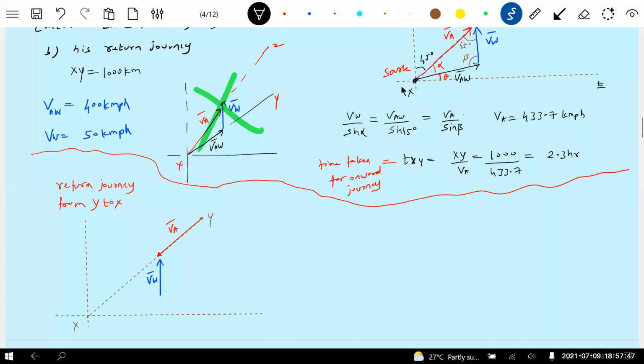So now the pilot should steer the aircraft in such a direction that this angle is what we know, 45 degrees. This angle we don't know, let it be alpha.